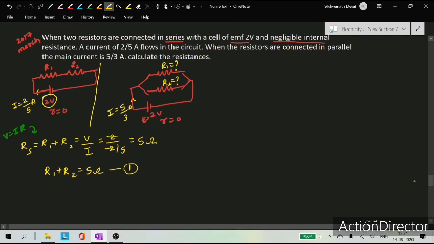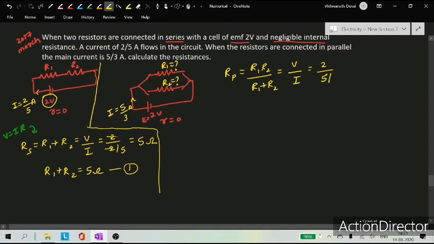Next, coming to this particular diagram, for this one, two resistors are in parallel. So what is RP equal to? When two resistors are connected, I can use R1 R2 divided by R1 plus R2. Again you can use Ohm's law. Total resistance RP is equal to V by I. But what is the V value? Same EMF, divided by the current, which is different here.